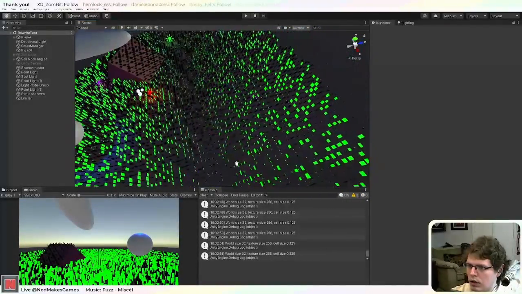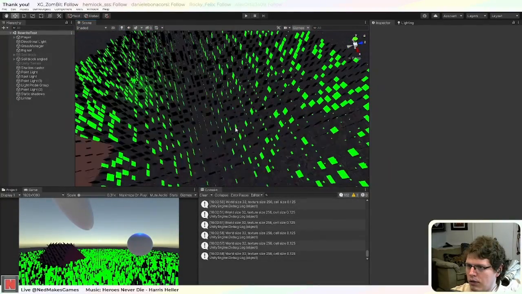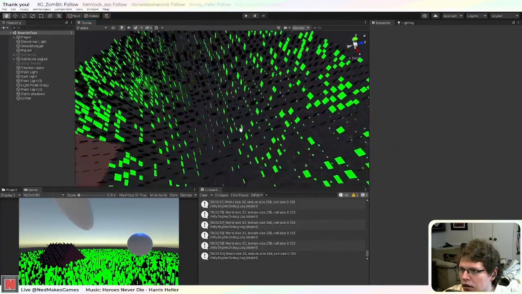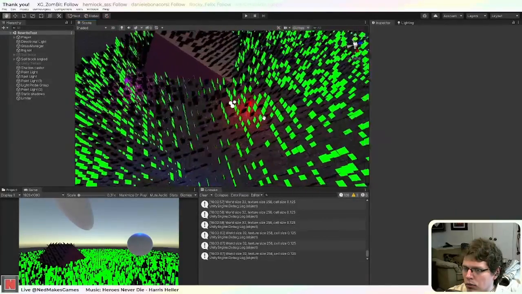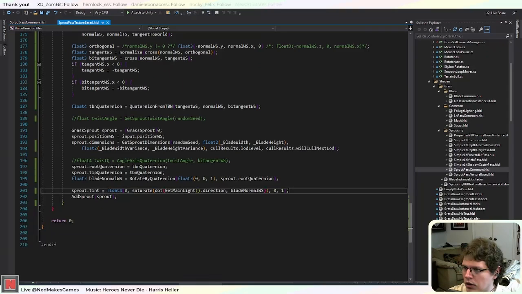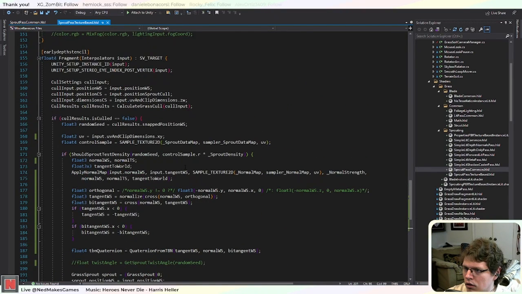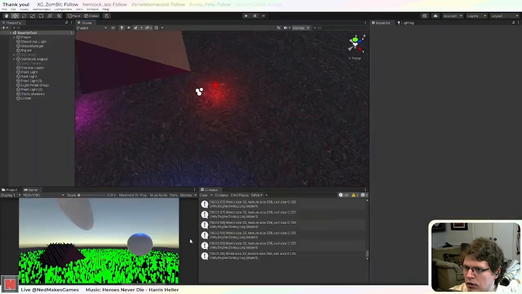So we finally got it, and you can see even though I've turned twist off, some of the grass blades are perpendicular to one another. I don't think that really matters. Why does that happen, actually? It doesn't really matter, because the twist angle will randomize it anyway.